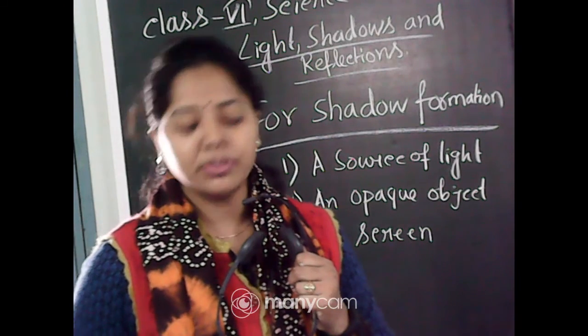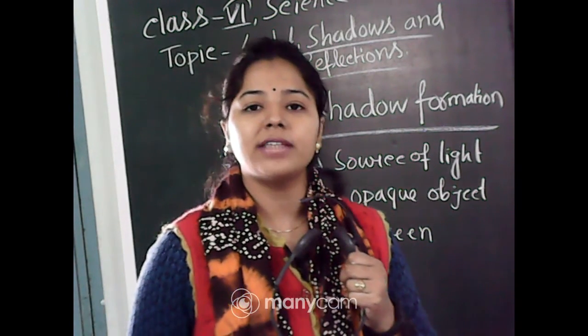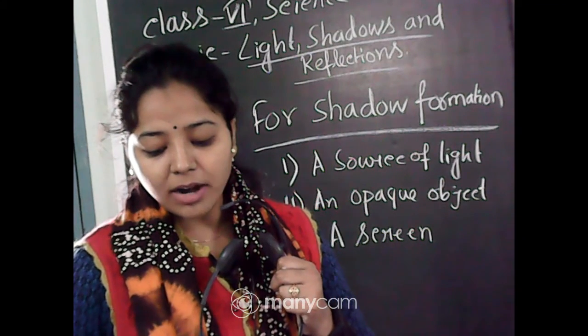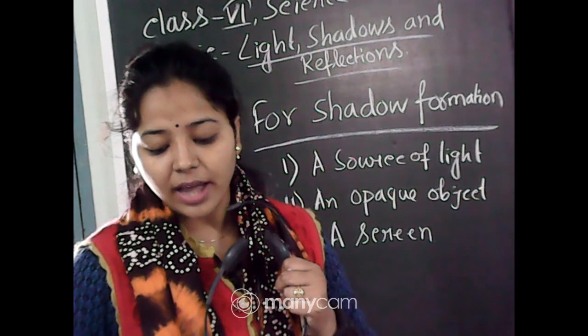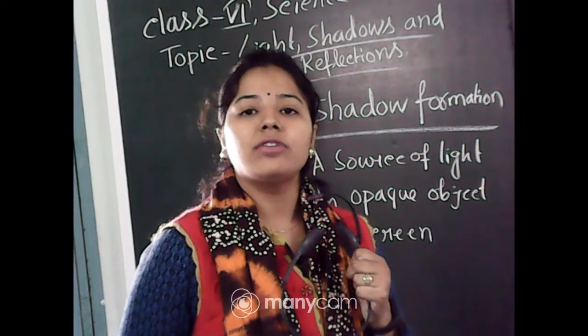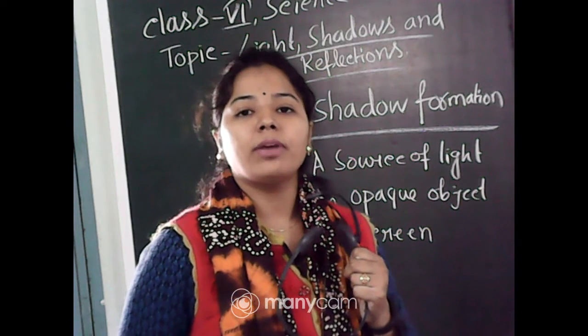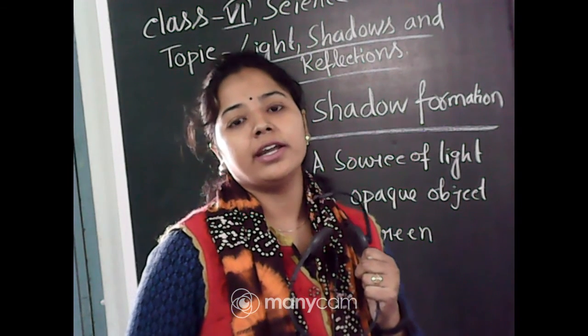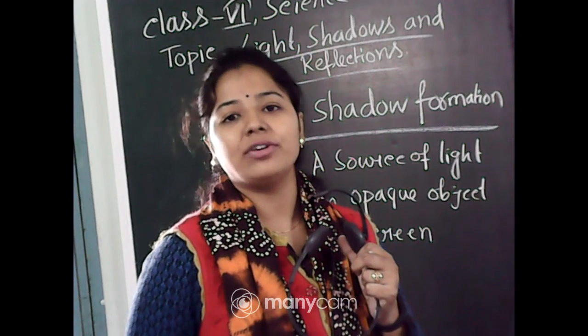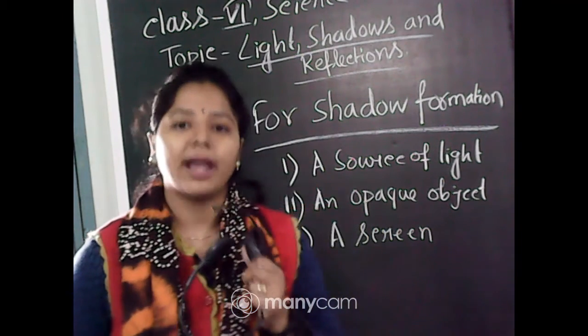The main information we get from a shadow is the shape of the object. The color of an opaque object does not affect the color of the shadow. The color of a shadow is always black. So if an opaque object is green, the shadow is not green. Shadow is only dark or black in color.